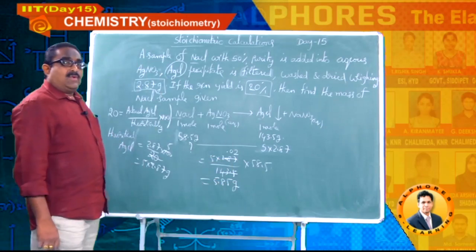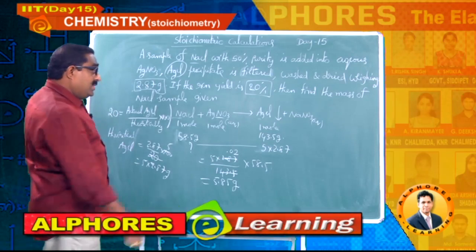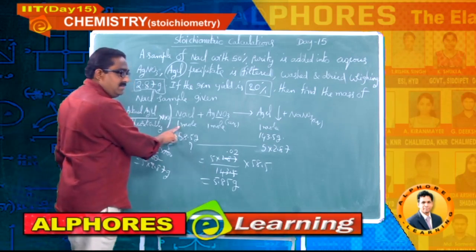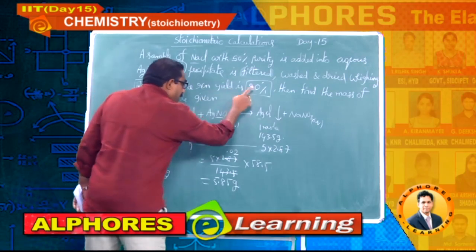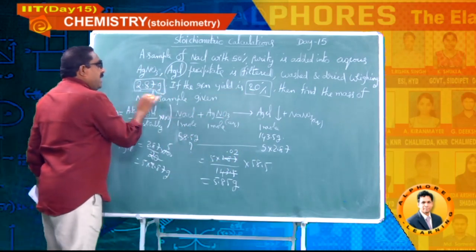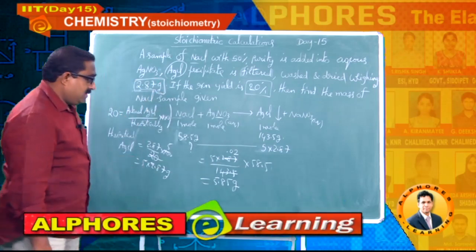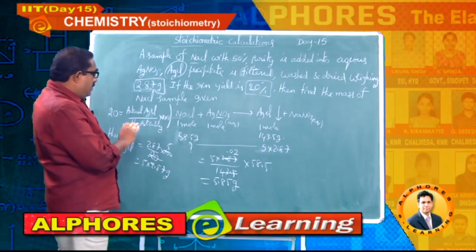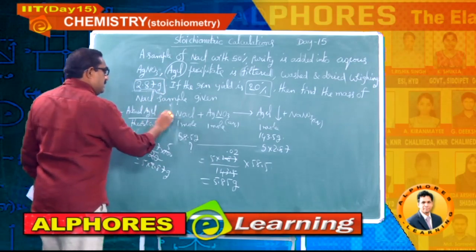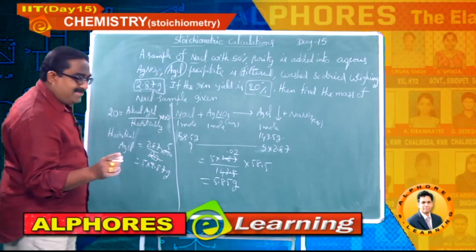So the mass of sodium chloride that should be involved in the reaction with only 20% yield, then only you will get 2.87 grams. So out of all this explanation, first you may get one doubt here, students.